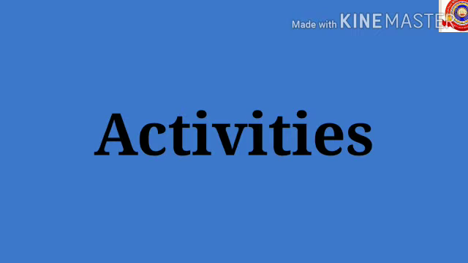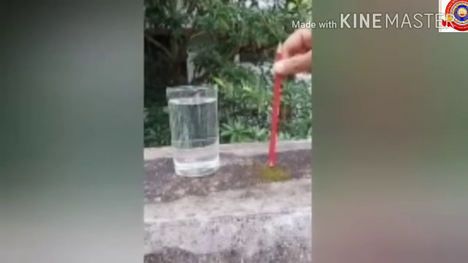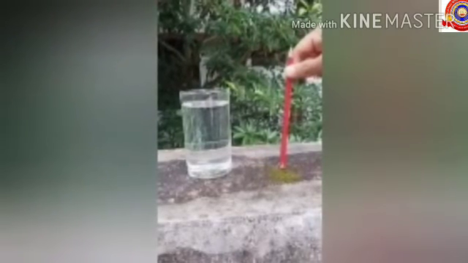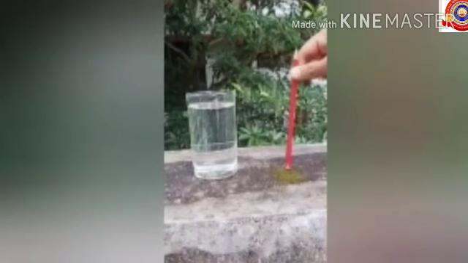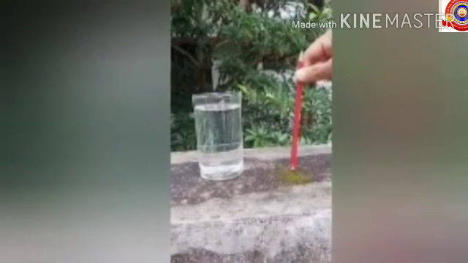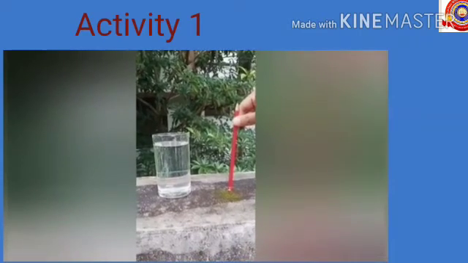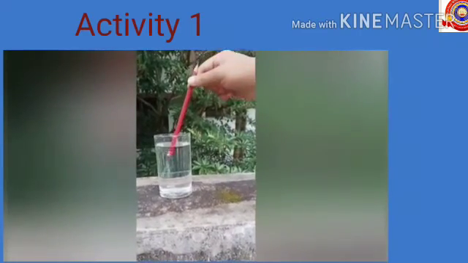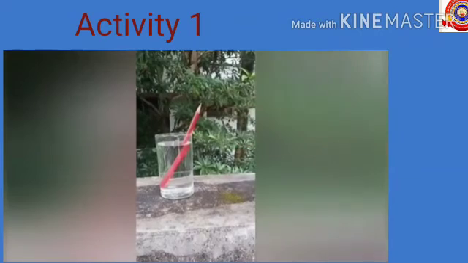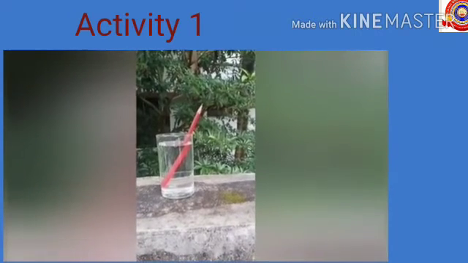Next we are going to see some activities related with refraction. Here you can see two activities related with refraction. First one, bending of pencil. For this activity you need a glass filled with water and a pencil. Place the pencil in an inclined position in the glass filled with water. What can you see?